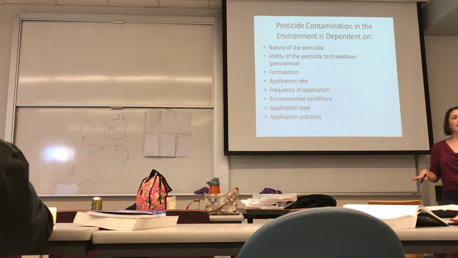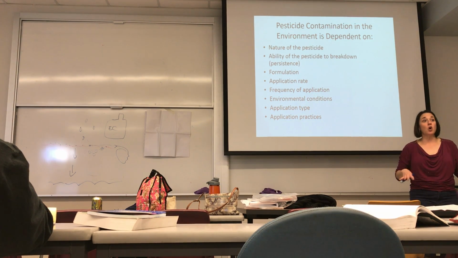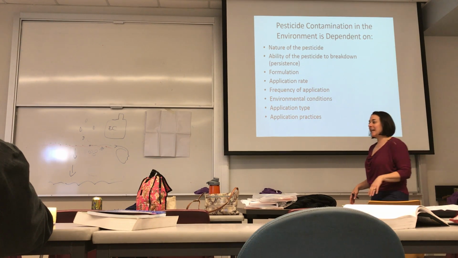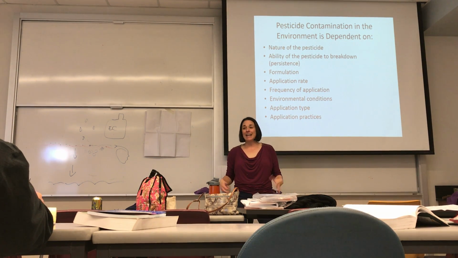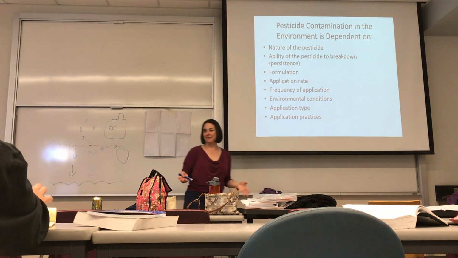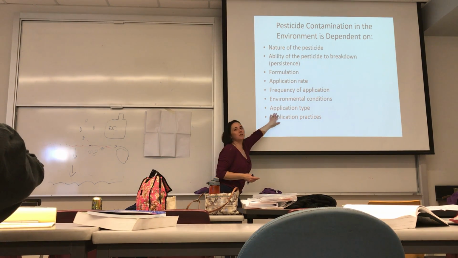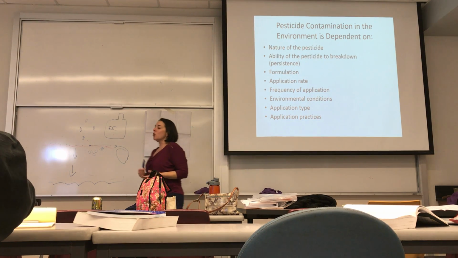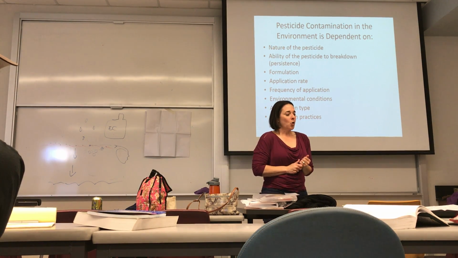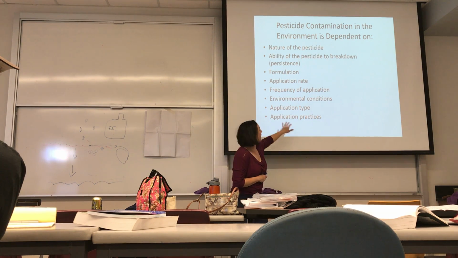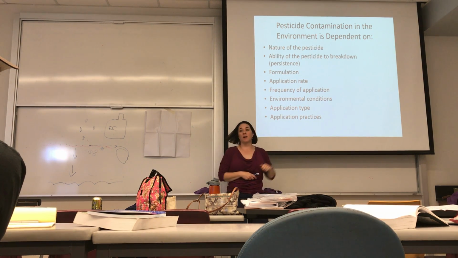So we call that the poster child of low drift, but then I increase my pressure or I increase my speed, I'm no longer the poster child of no drift, right? Because I haven't used good application practices. Or even applying in unfavorable environmental conditions.